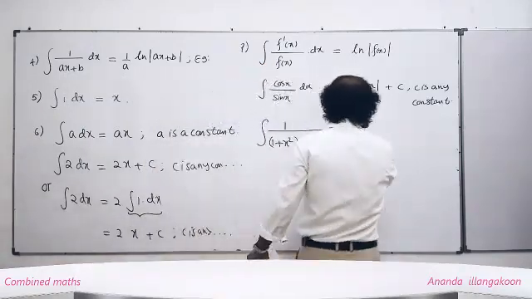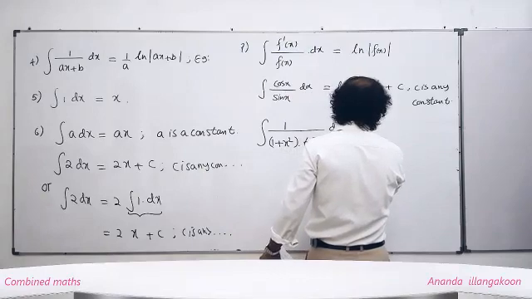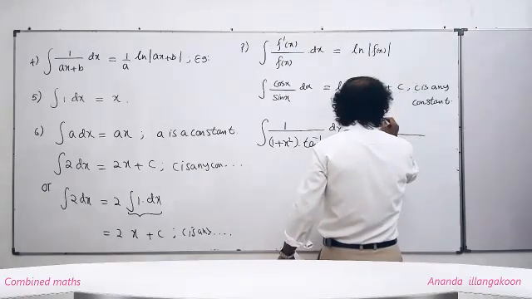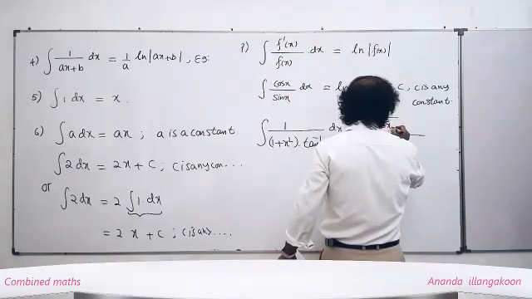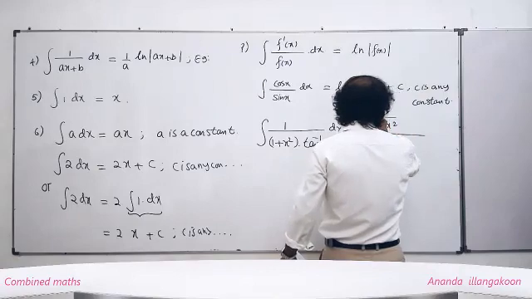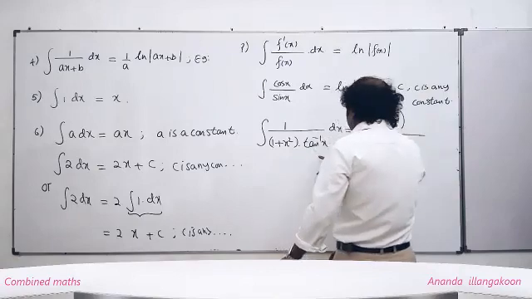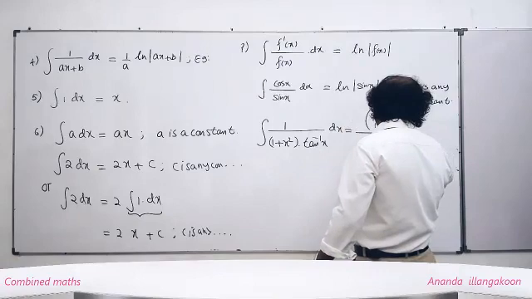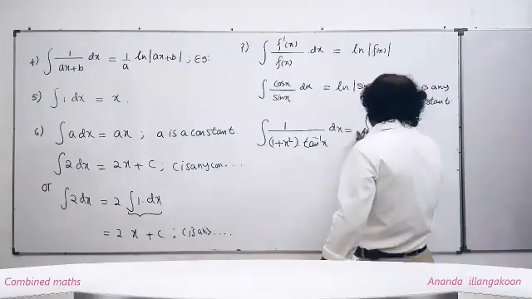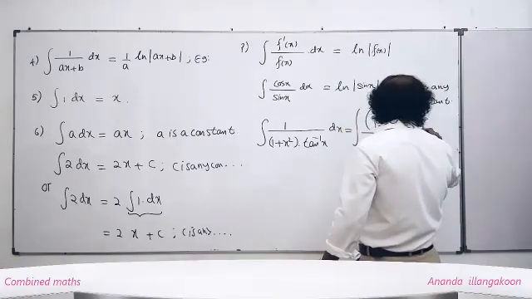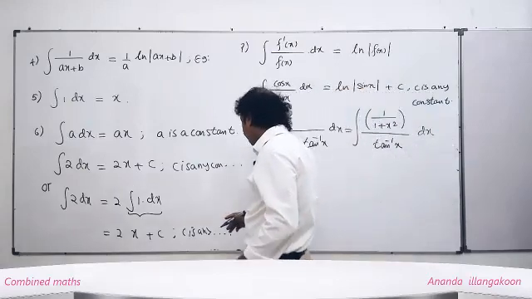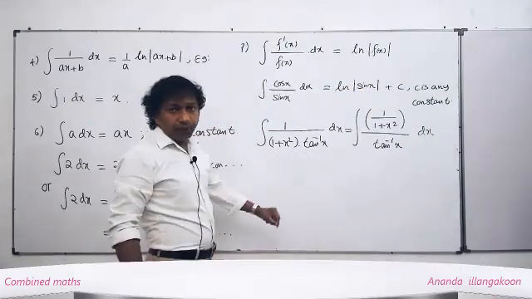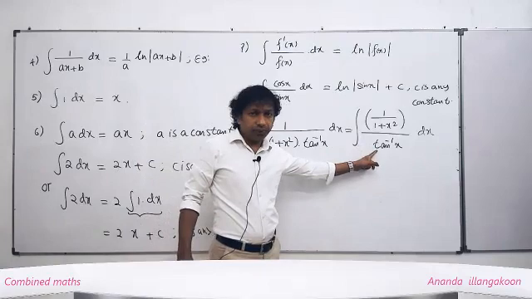This 1 upon 1 plus x squared we can write like this, and this tan inverse x I can write like this, dx.